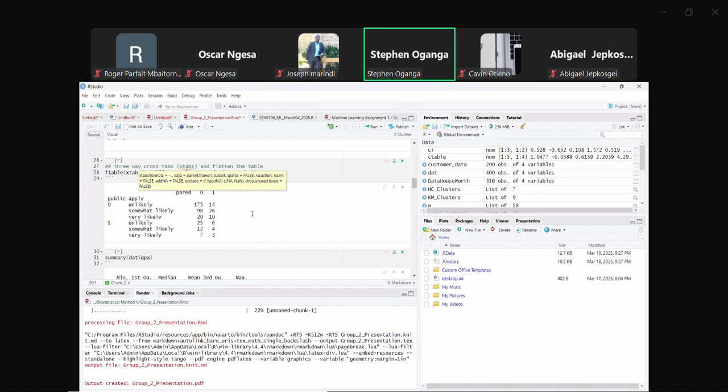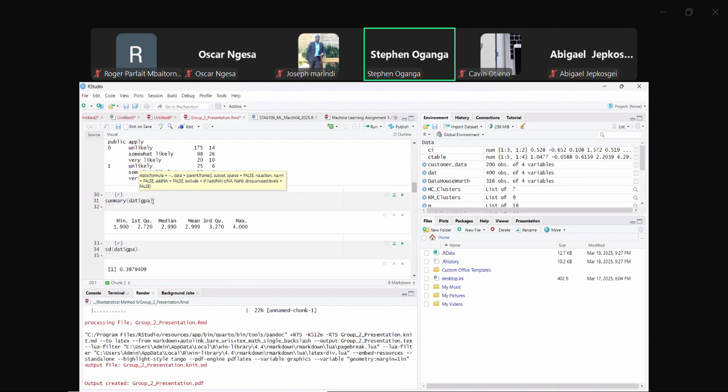And if we go to this last line, the very likely, we will find out that 7 of them were from a private school, and their parents were not graduates, and 3 of them were from a private school, and their parents were graduates.